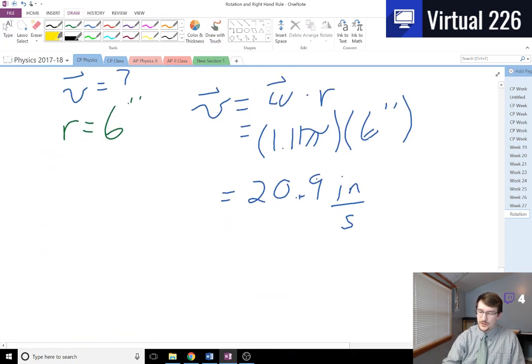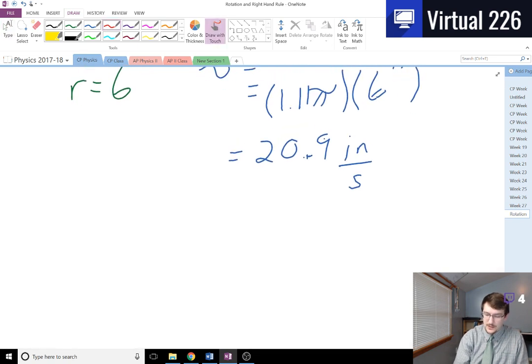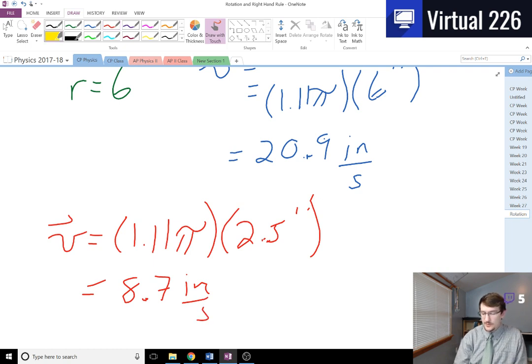So once again the linear velocity is 1.11 pi radians per second times 2.5 inches. We multiply all that through and get something much smaller, 8.7 inches per second.